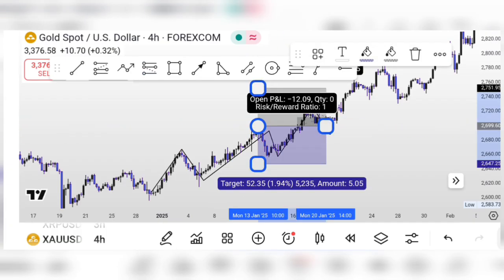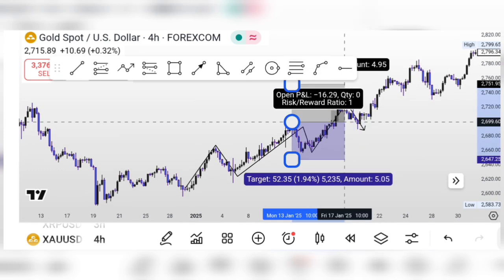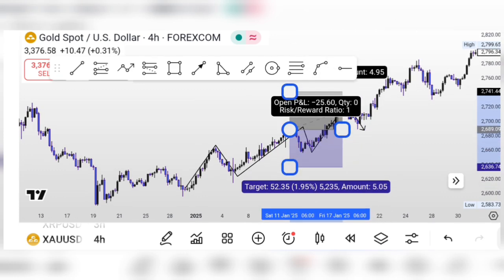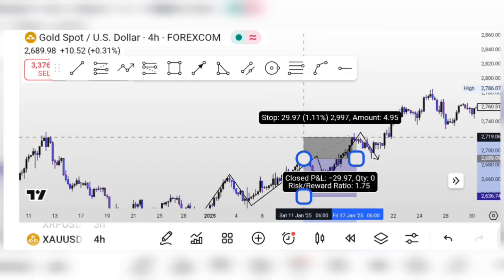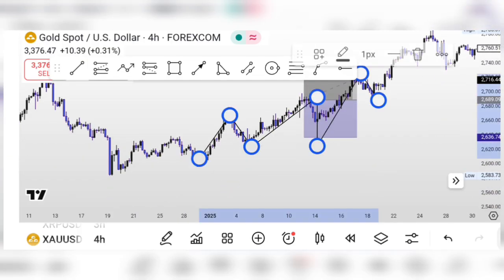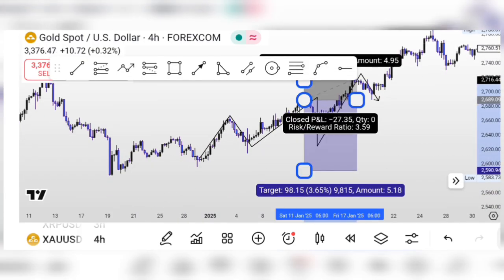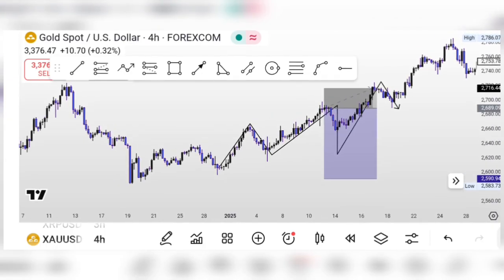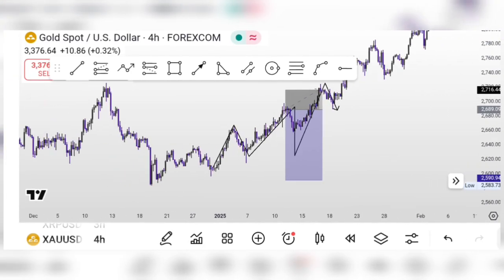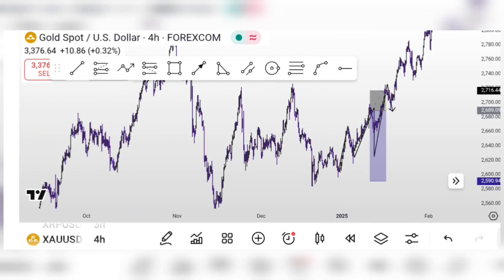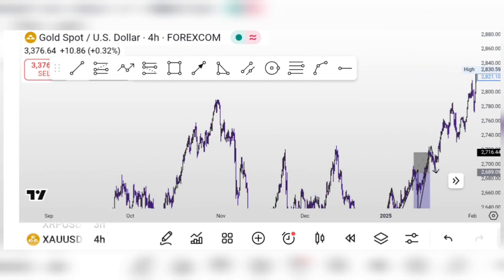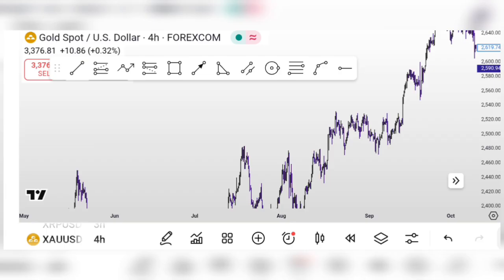Maybe you place a sell trade, let's say from here, because you saw this small bearish candle here. You place a sell trade here, put your TP to this point. How do you think that the market is going to sell when you have seen the market is in an uptrend for the past how many weeks?